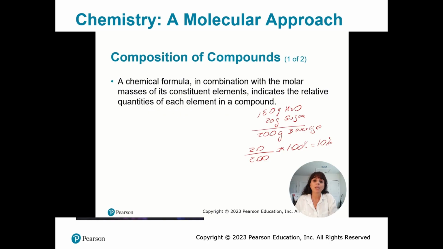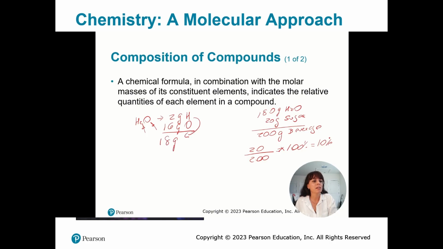This is the same thing that we're going to do for any compound. For example, if I have water, I have, in this case, 2 grams of hydrogen and 16 grams of oxygen. So in total, I have 18 grams.